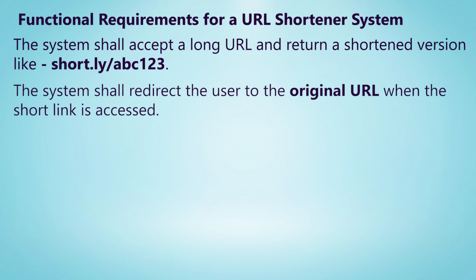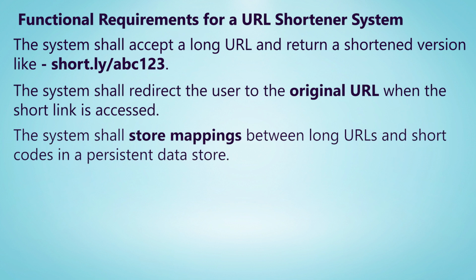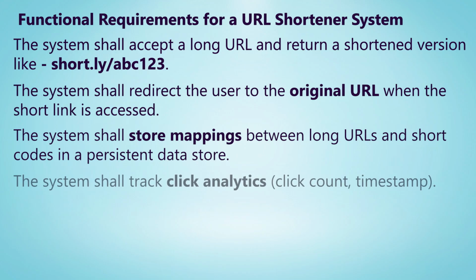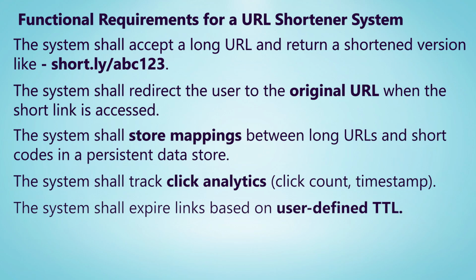This mapping between shorter and longer versions must be stored in the system, and the system should be able to perform some analytics like the number of times a specific URL was clicked, the timing of that click, and the IP address from where the URL was hit. We must have a TTL, time to live feature. We cannot just allow this mapping to be stored indefinitely in our system. Let's say we have 30 days or 15 days or maybe minutes, maybe hours, depending upon the use case.